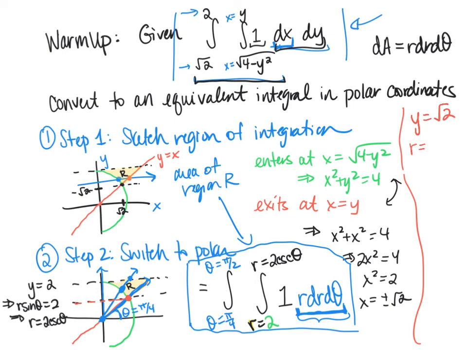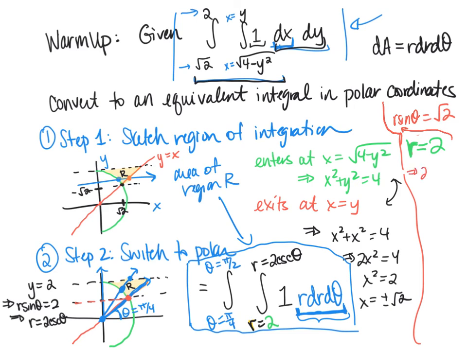And r is equal to 2 from the circle. And so then I just rewrite that y in terms of polar. So y is r sine theta. And I realize I'm looking for the intersection points. So if I want the intersection point, I can literally plug in 2 for r right here.